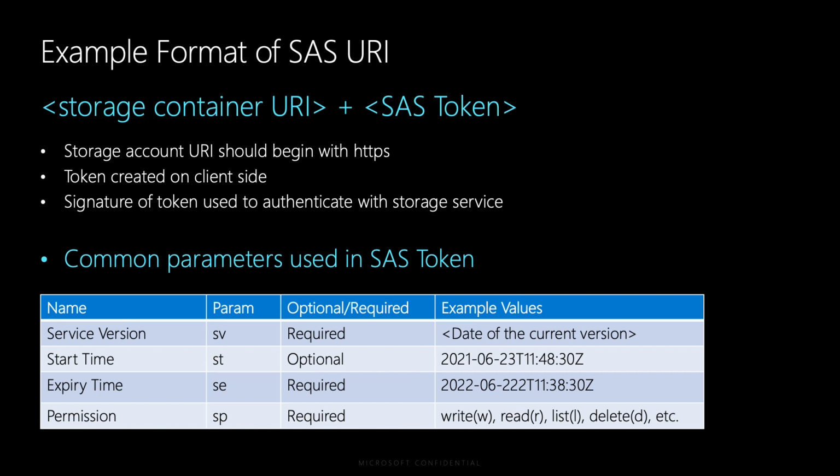Now, these are just some examples to get you interested in the SAS token. To see all of the other parameters and the values for each of those, please head over to the Microsoft documentation. Links to the correct documentation will be provided in the references section of this video.